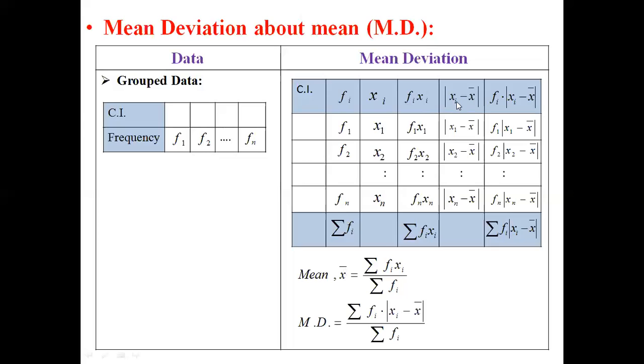The mod or absolute value of any number is always positive. Then in the last column, find the product fi into mod of xi minus x bar, and at the last, take out its sum. So the formula is: mean deviation about mean is equal to summation of fi into mod of xi minus x bar upon summation of fi.